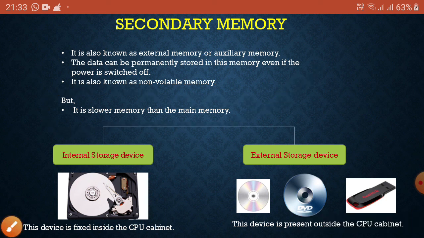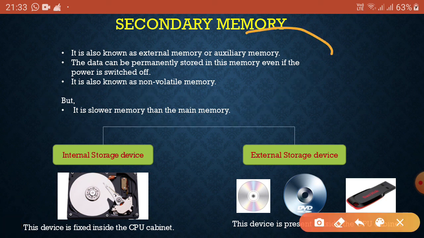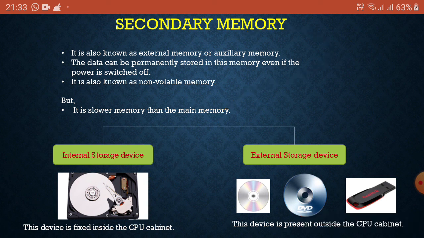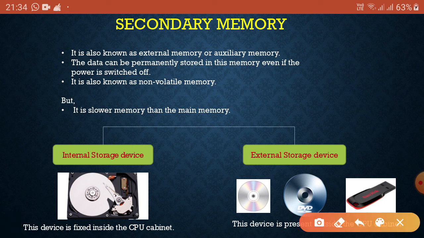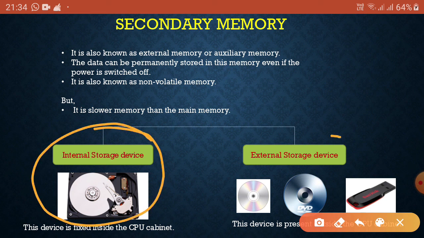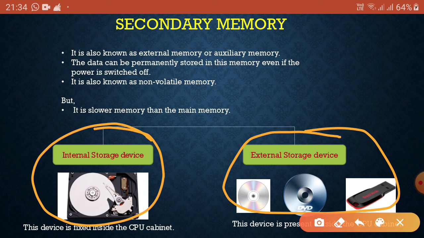Now we are talking about the parts of the secondary memory. Secondary memory has two types of devices. One is the internal storage device, another is the external storage device.